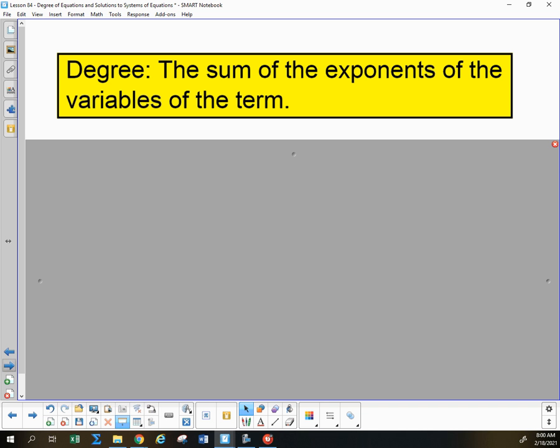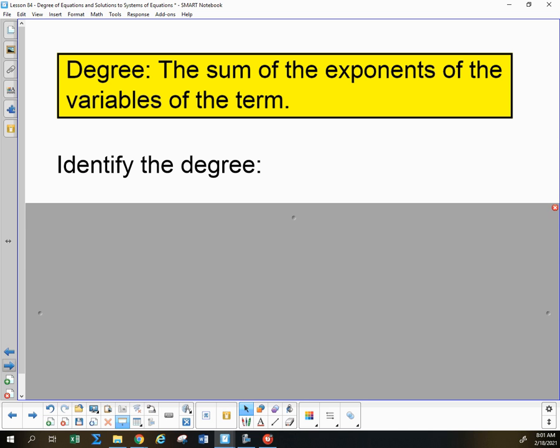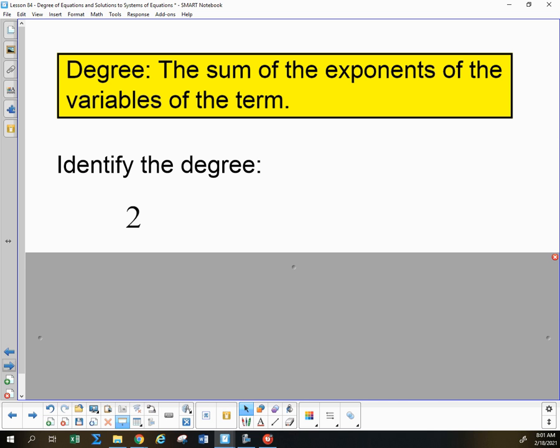Degree means if you have more than one variable, you take all of the exponents on the variables and add those up. If you only have one variable, it's the exponent on the variable. And I'll even show you what happens if you don't see any variables right away. Like on this one.